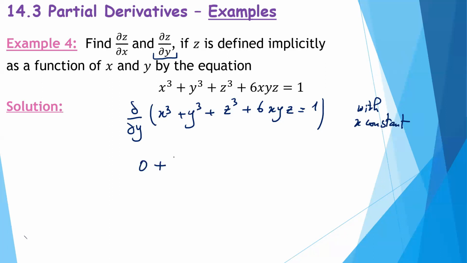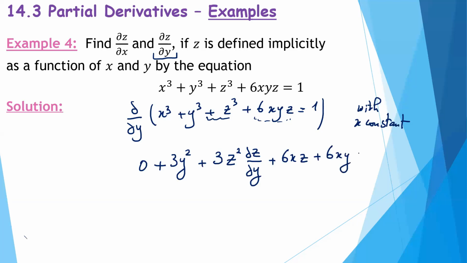The derivative of the second term is 3y squared, whereas the derivative of z cubed is 3z squared dz with respect to y. And here it's also a product. So it's 6xz, and the derivative of y is 1, plus 6xy, the derivative of z with respect to y, equals 0.